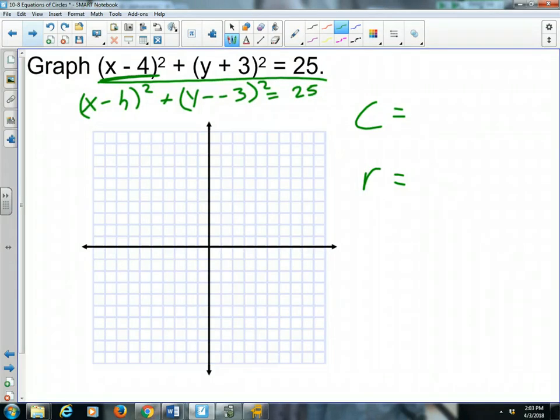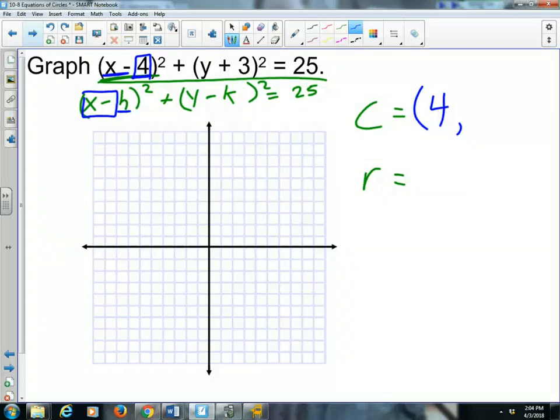Notice how x minus h is part of the equation. So h, this 4 right here, is the x-coordinate of my center. It's kind of like the opposite of what you see in here. You see x minus 4, so a positive 4 is the x-coordinate of the center.